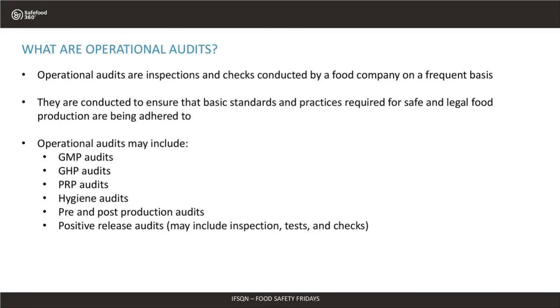So what exactly are operational audits, this whole subject that we're going to be talking about for an hour? Well, most of you will be familiar with the requirements to conduct basic inspections and checks on the standards that operate in food businesses. These are basic standards, basic practices, prerequisites for the safe and legal production of food products.